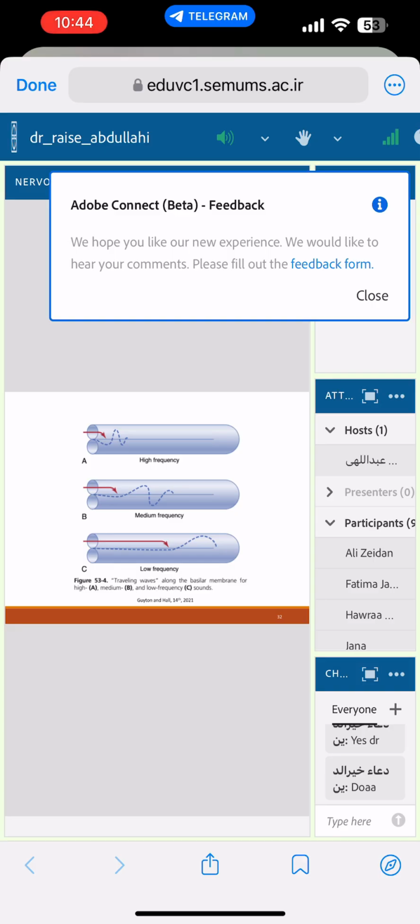What is the name of this part of the cochlea? What is this? What is this line? Base. Only base? It's basilar membrane. Very good, Rashid. Rashid, I love you. Rashid, you are the best.